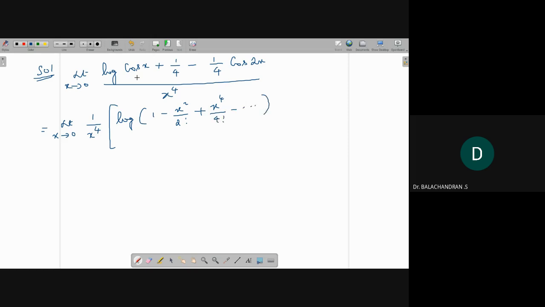This is the expansion of cos x, and then plus 1 by 4 minus 1 by 4 times cos 2x. The cos 2x expansion is 1 minus (2x) square by 2 factorial plus (2x) power 4 by 4 factorial, and so on. First I'll close the smaller bracket, and then finally the square bracket.